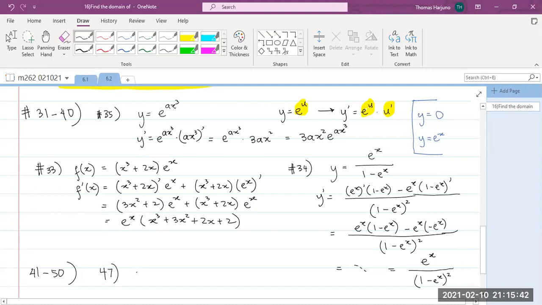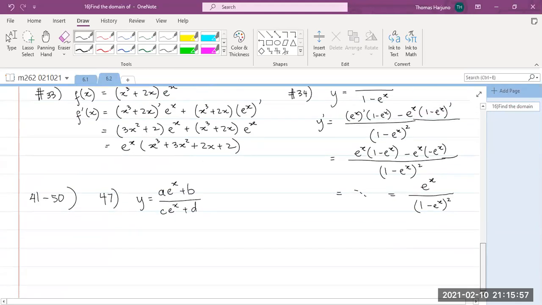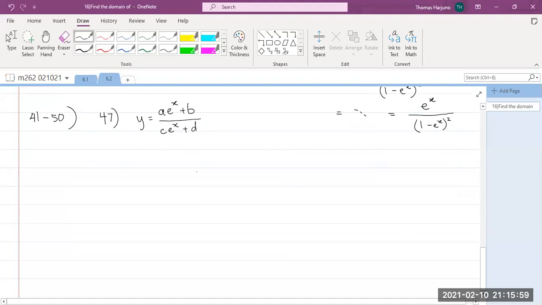Number 47: y equals a e to the x plus b over c e to the x plus d. I don't think this is hard, it's just tedious. There's a difference between a hard question and a long question.